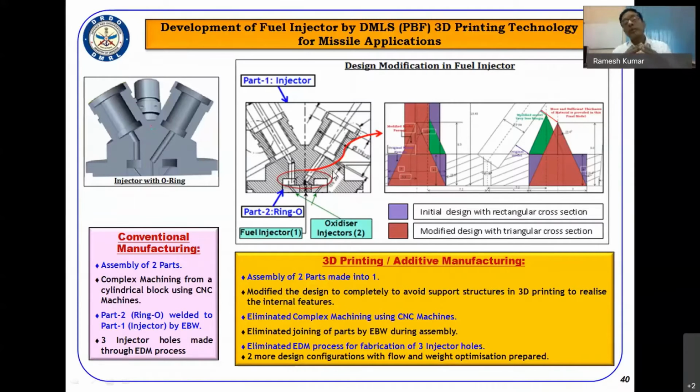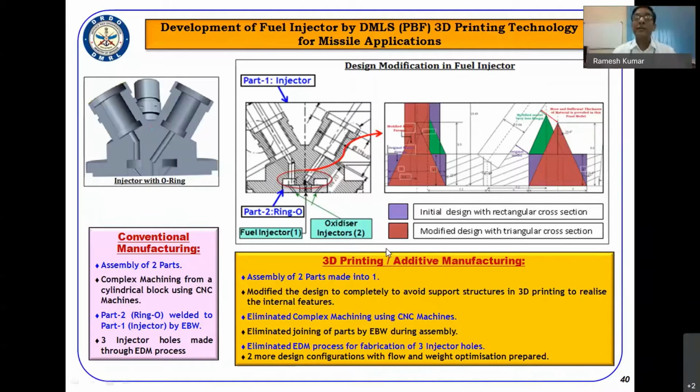So we adopted a novel design technique where the design was modified. The rectangular cross section was initially modified to a pyramid-like cross section. This resulted in a low thickness of material between these regions, as shown here. Then we changed it to a triangle cross section. By this, we eliminated the complex machining by taking this component to 3D printing.